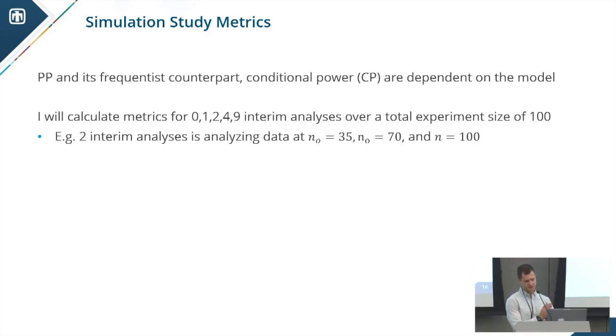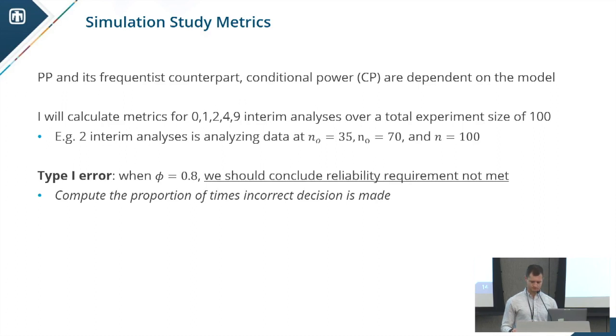The first situation is where I won't do any interim analyses, so it's just a normal design. Another example, I'll do one interim analysis, which is looking at your data halfway through your experiment. I'll do this for several different numbers of interim analyses. So if I do 9 interim analyses, every 10% I'll look at my data and do a test. For the simulation, I use a total sample size of 100, for convenience.